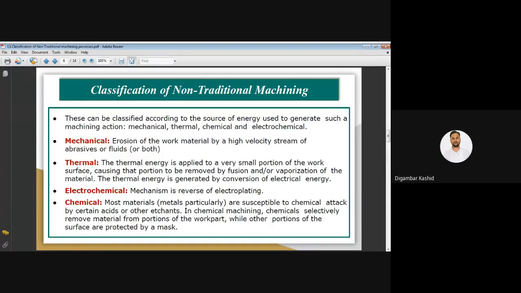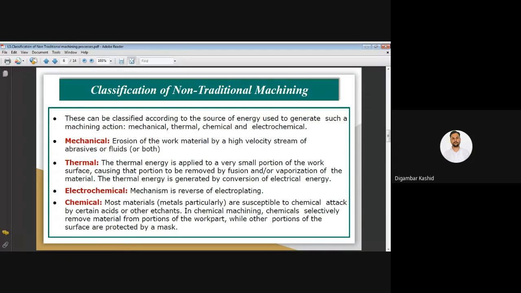So that was the classification based on the properties of the workpiece material which is to be machined. Now come to the main classification of these non-traditional machining processes, that is, classification of these various non-traditional machining processes based on which kind of energy they are using for material removal.